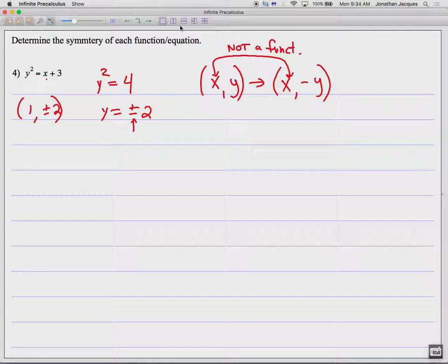Okay? Let's plug in negative 1. What do we get out for negative 1? So we have y squared equals 2. We can square root that, and we get plus or minus the square root of 2.